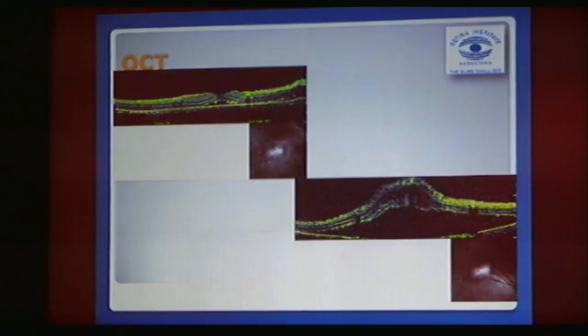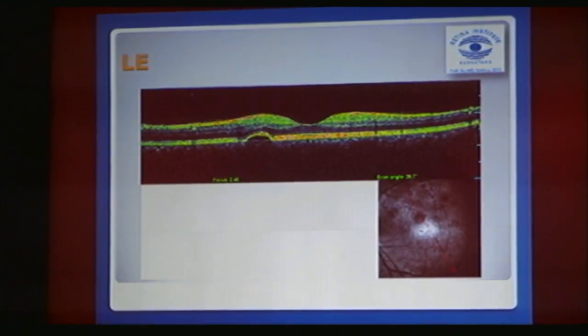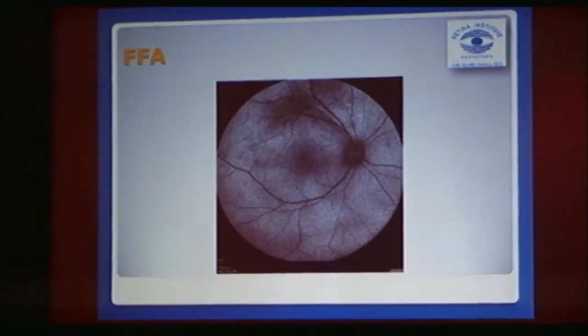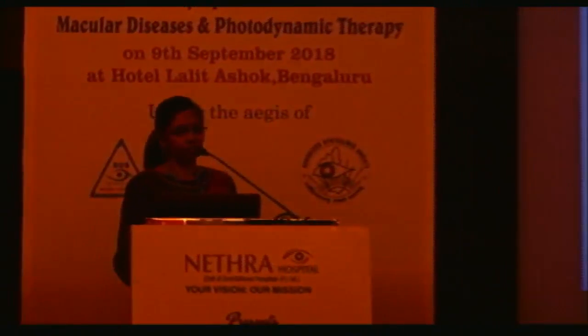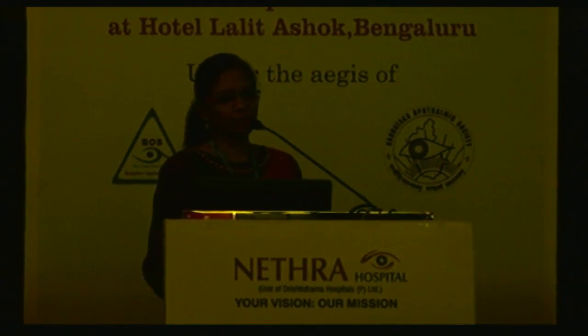Then we did OCT. OCT of the right eye at the macula showed neurosensory detachment and subretinal fluid near the superior arcade with neurosensory detachment inferiorly. And the left eye showed PED changes. Then we did FFA and ICG. In the early phases there was hyperfluorescence with pooling in the late phases.